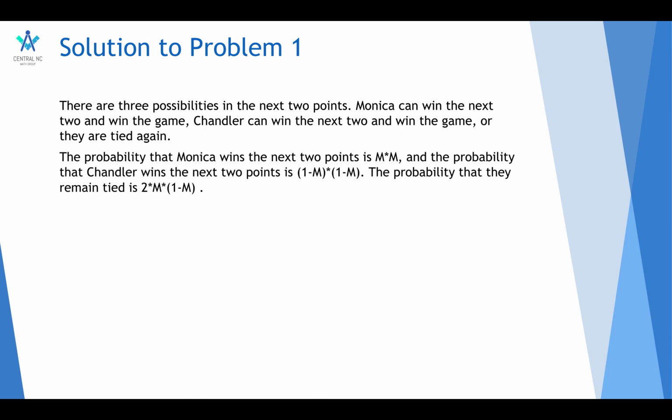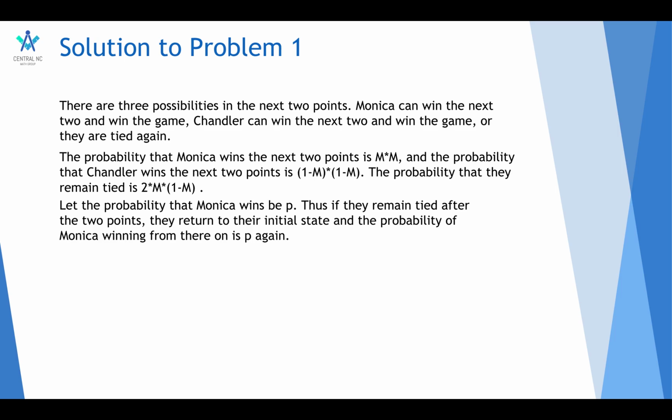The probability Monica gets the next 2 points is m squared. The probability Chandler gets the next 2 points is (1 minus m) squared. And the probability they remain tied is 2 times m times (1 minus m). And the 2 comes from the fact that either Monica can get the first point and Chandler gets the second, or Chandler can get the first point and Monica gets the second.